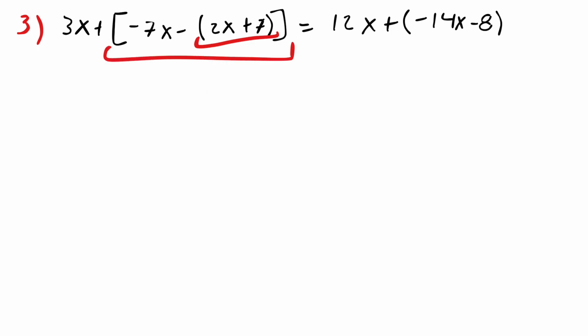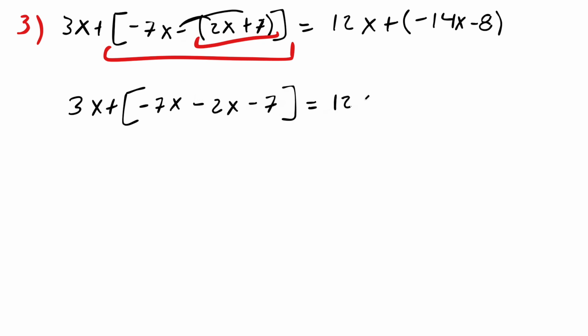So let's start. 3x plus, that continues to be the same, and now we apply the distributive, right? Minus 2x minus 7, close brackets, is equal to 12x minus 14x minus 8. We apply the distributive property on both sides. Only negatives change the signs, positives don't.